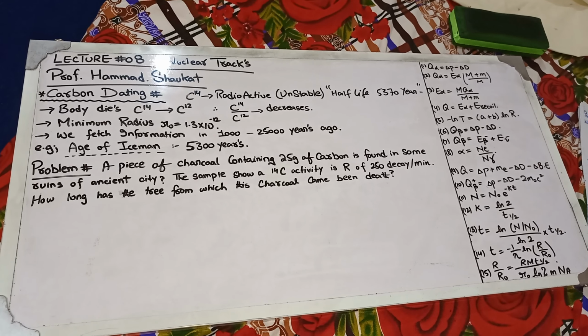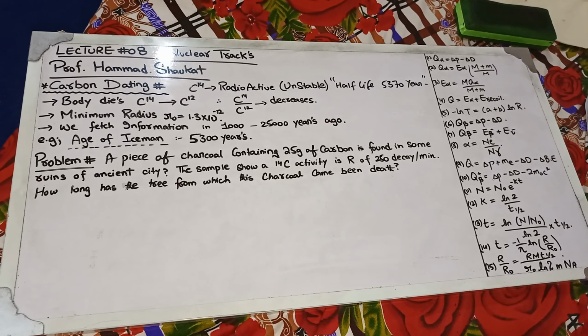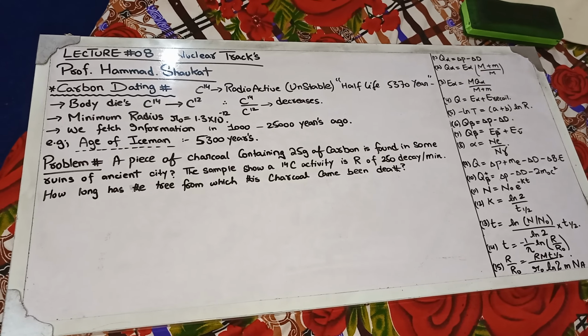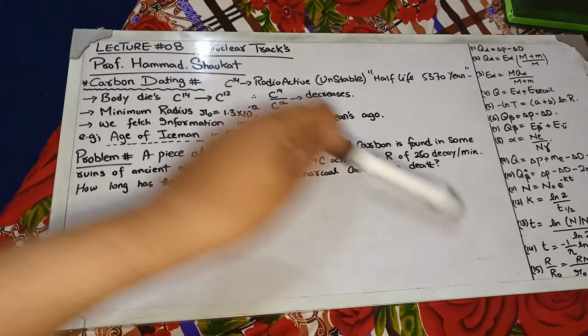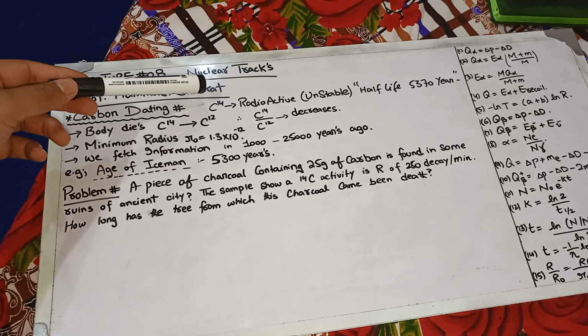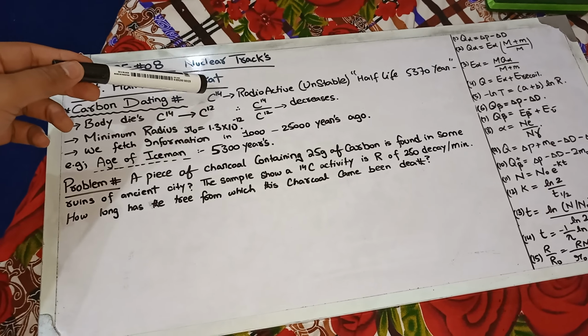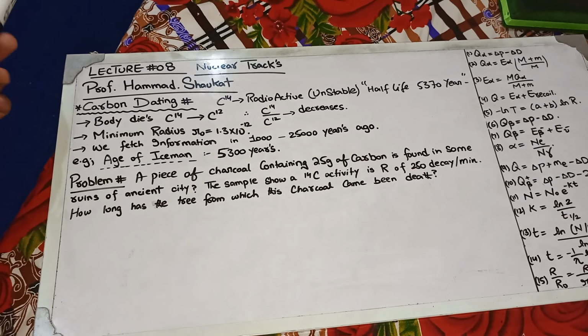Okay, so let's start. As we did in lecture number 7, we started carbon dating, and you know that carbon 14 is radioactive. Because the carbon 14 isotope is radioactive, we can say that it's unstable.